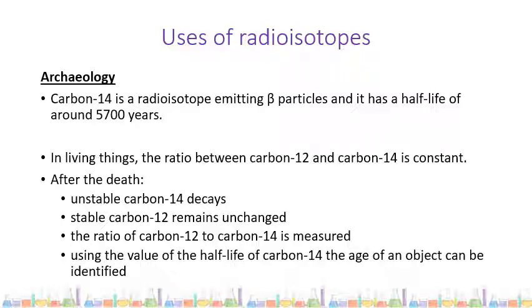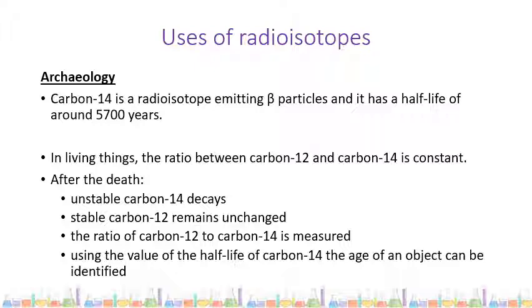Another use of radioisotopes is in archaeology, where the carbon-14 isotope, which emits beta particles, can be used to estimate the age of artifacts. A common exam paper question is asking you to outline how this works. You need to mention that when things are living, the ratio between carbon-12 and carbon-14 is constant.